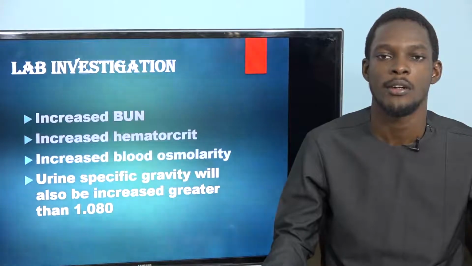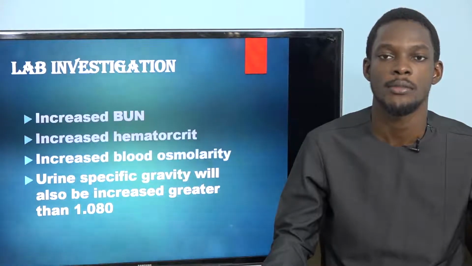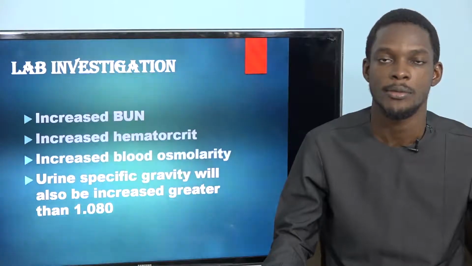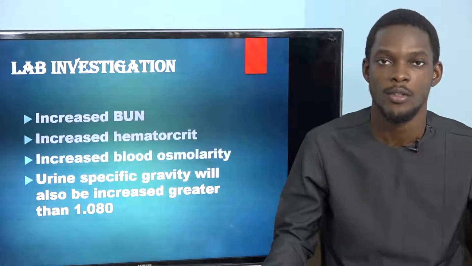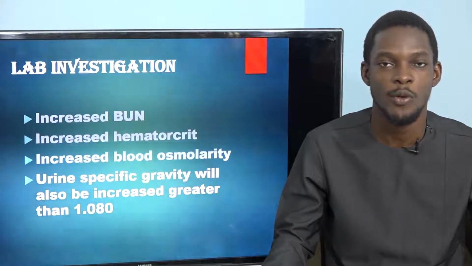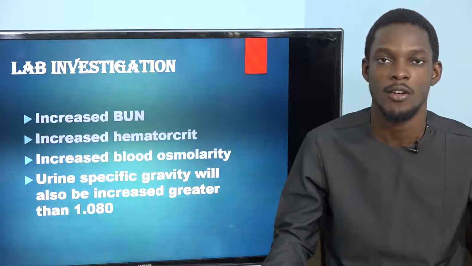Increased blood osmolarity would also be experienced by your client. What you want to remember is that osmolarity is the same as concentration, and therefore when you have decreased amount of plasma, hematocrit levels will also increase, and that will influence the concentration of the blood.